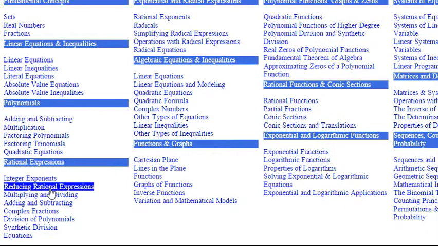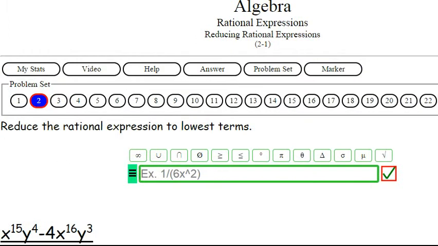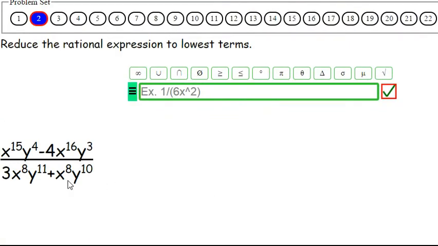Let's go down to reducing rational expressions. We're doing 2.1. Man, look at all that mess. Okay, so hopefully, oh my god, I wrote x to the 12th down on my paper. Something is up with that.